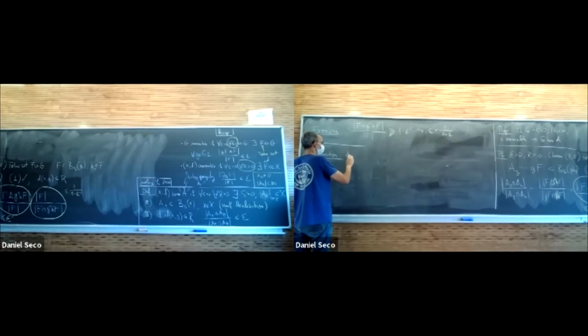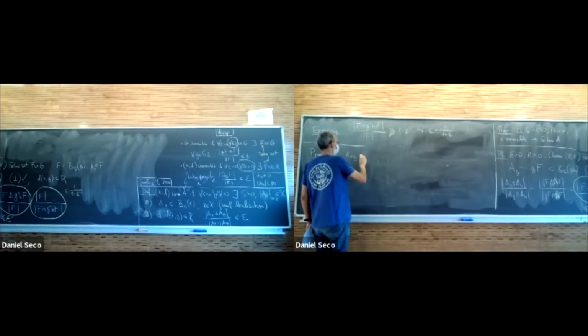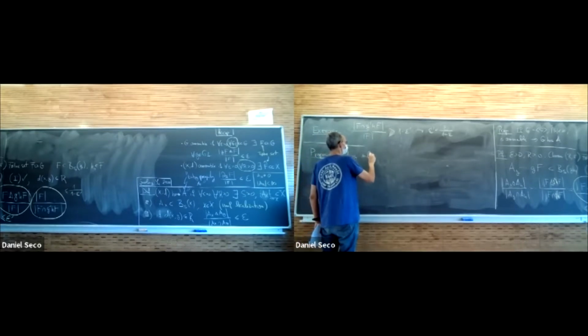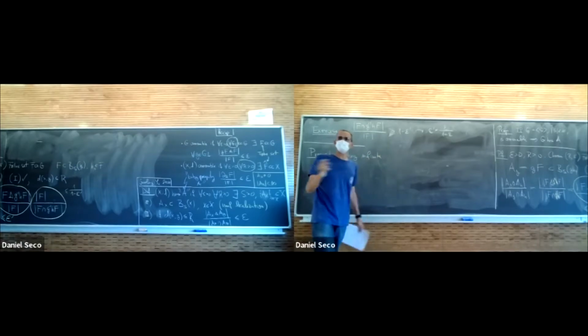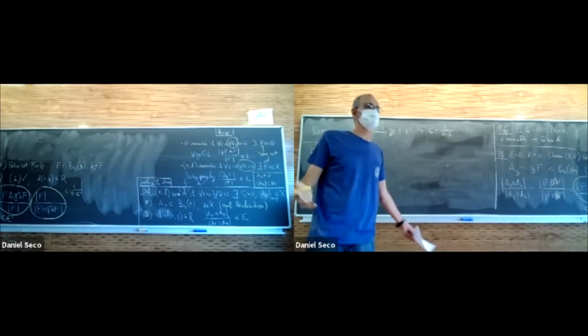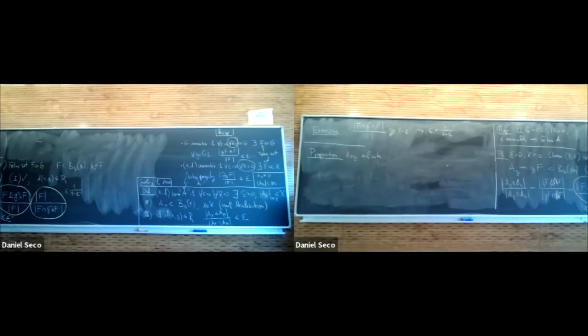Any infinite tree, actually any tree, because if it's finite, then we know it has A for sure.